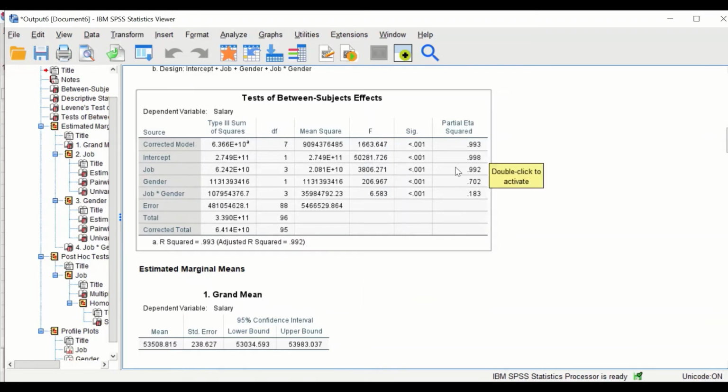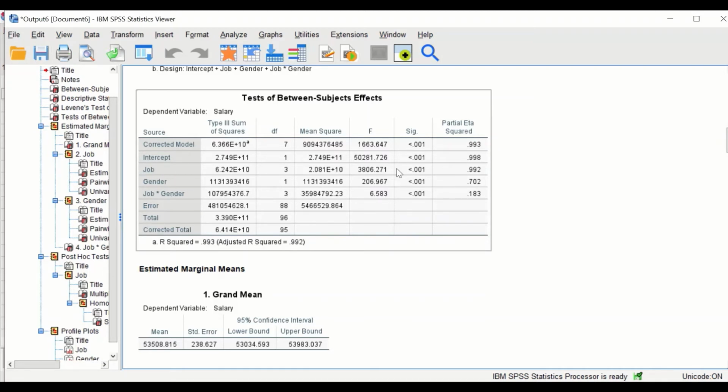This table will determine whether the null hypothesis can be accepted or rejected based on the significance level, the p-value. If the p-value is less than 0.05, then we reject the null hypothesis. The two factors, the factor for the job, the factor for the gender, and then the interaction between the two factors.